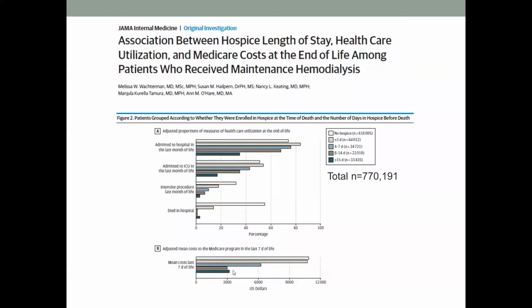So in terms of this term that we hear a lot, achieving the triple aim of improving patient experience and decreasing the cost of care and improving outcomes, at least when we're looking at end-of-life outcomes, improving hospice access for patients is going to be a piece of that puzzle.